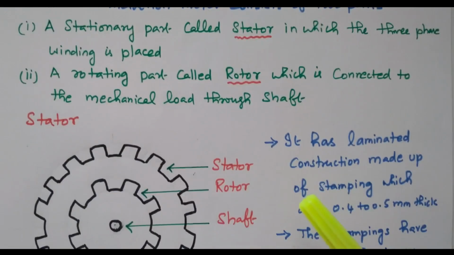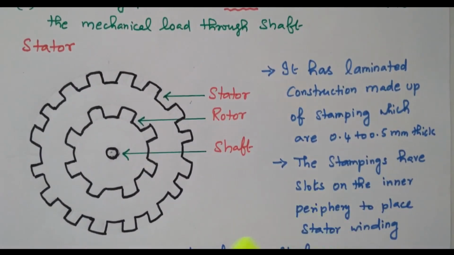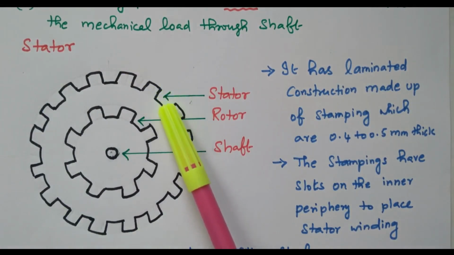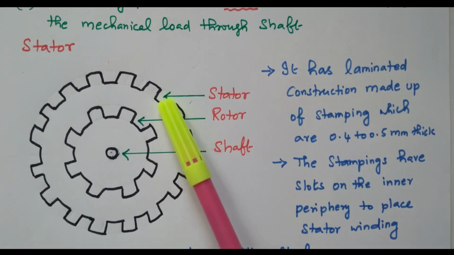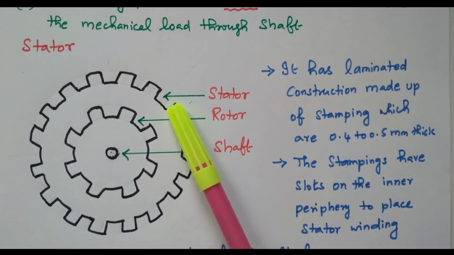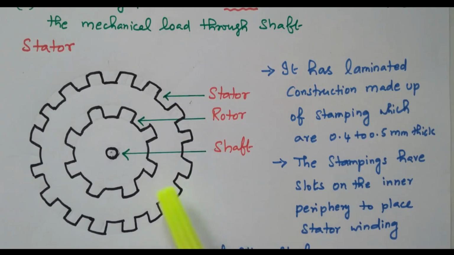Now we will see the diagram. This is the overview of the three-phase induction motor. The outer part is the stator. This portion is a stator slot. These slots are provided for placing the stator winding. The inner part is the rotor, the rotating part, through which the load is connected.